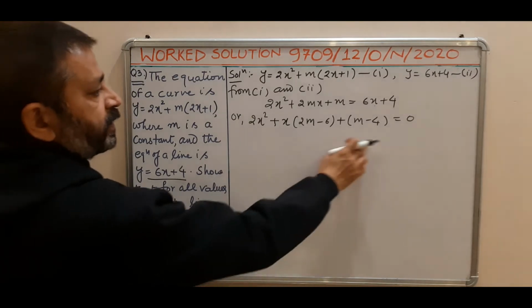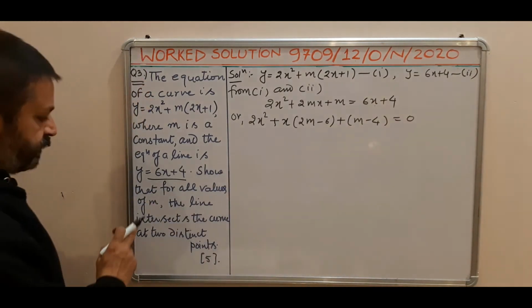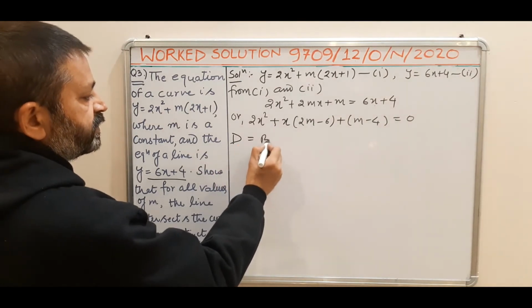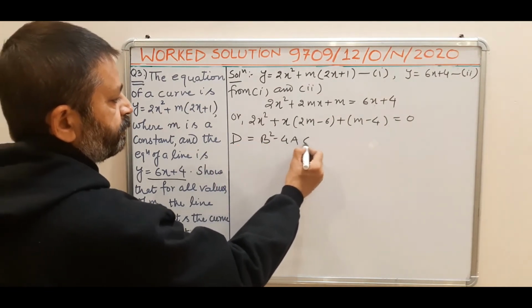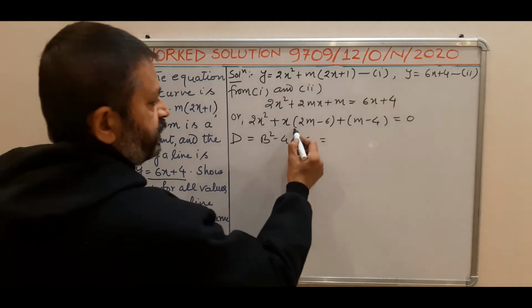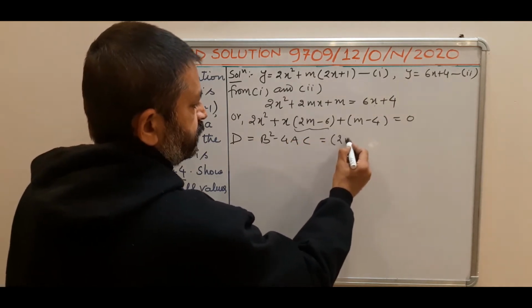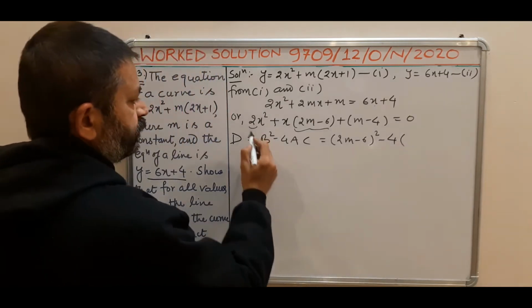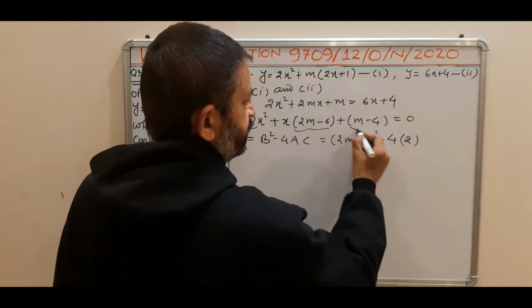So this is a quadratic equation. First of all, we'll find its discriminant, that is D, which is b² − 4ac. b is this 2m − 6, minus 4, a is 2 and c is m − 4.